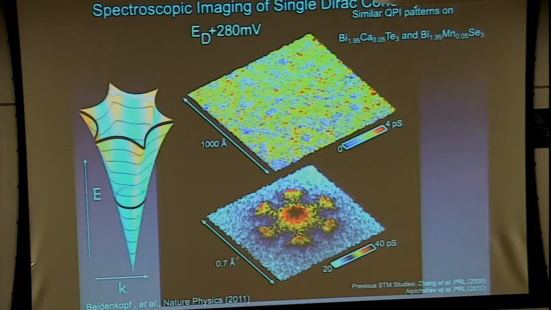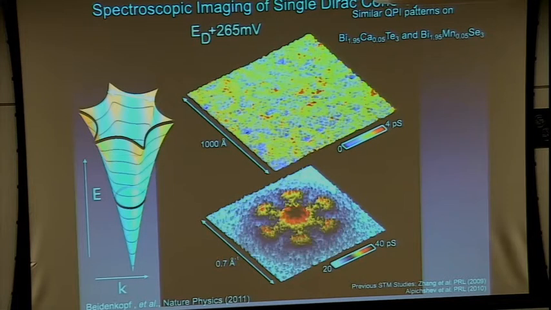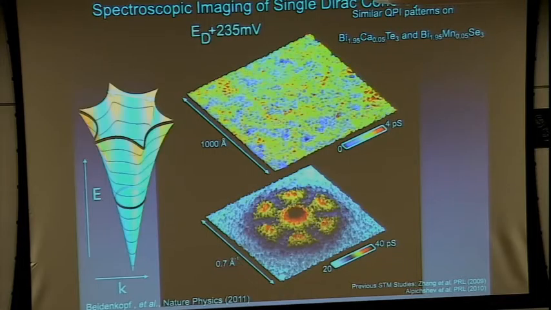It's considerably simpler. So you have a Fermi surface that looks like a snowflake, I guess, if you like. And you're basically scattering around this Fermi surface. Okay? And now you can do the comparison of the experimental results there with the theory as well.